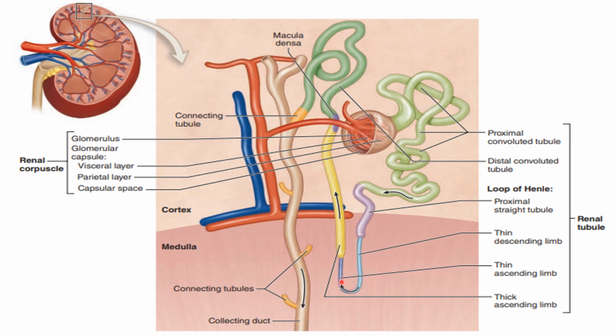This is the thin ascending limb of the loop of Henle, and this is the thick ascending limb of the loop of Henle, which is giving rise to the macula densa, the thick macula densa cell. After that, this is the distal convoluted tubule, and this is the collecting tubule, which is entering the collecting ducts.